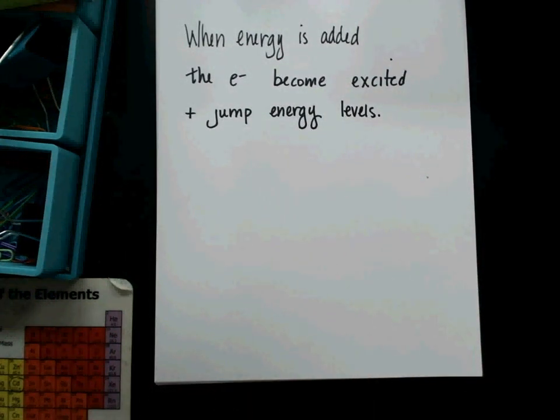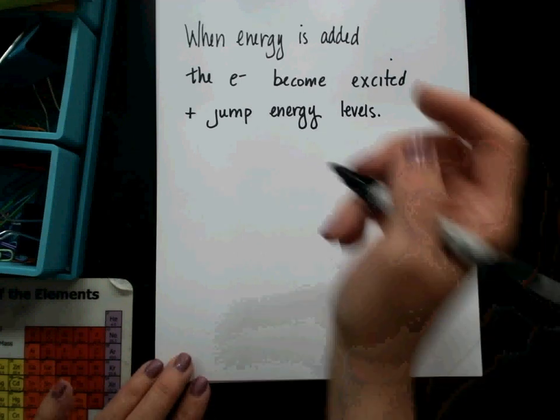So they're sitting at their normal energy level. We add some energy, they get excited, and they jump up. They sit there for a minute, and they fall back down. And we'll talk about what happens when they fall back down, because it's pretty cool.